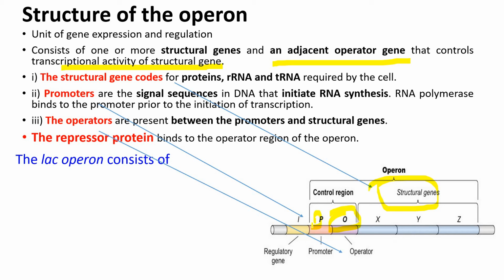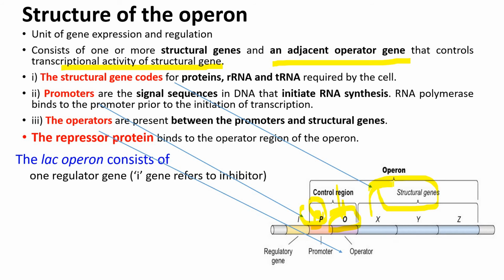RNA polymerase binds to the promoter prior to the initiation of transcription. The operator gene is present in between the promoter and the structural gene. Then the repressor protein, that is I, binds to the operator region of the operon.